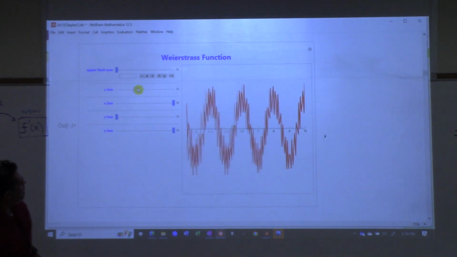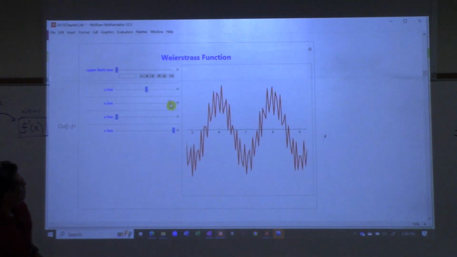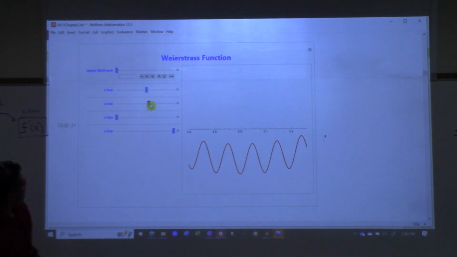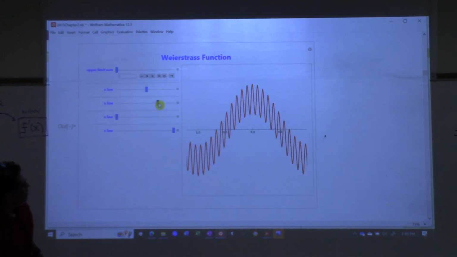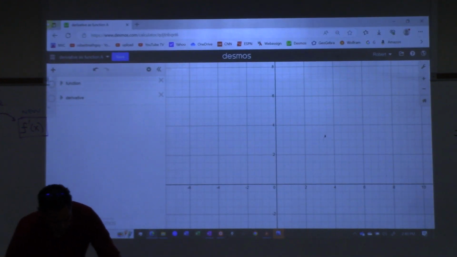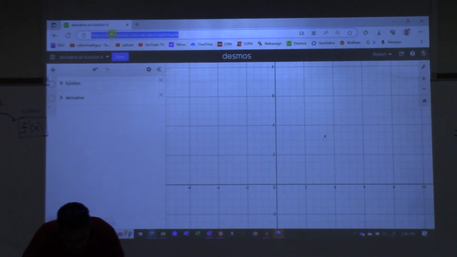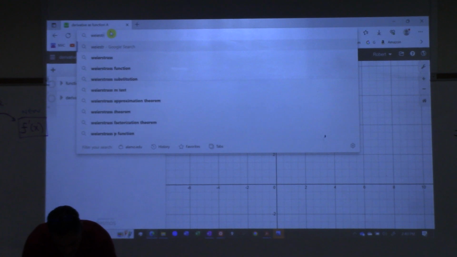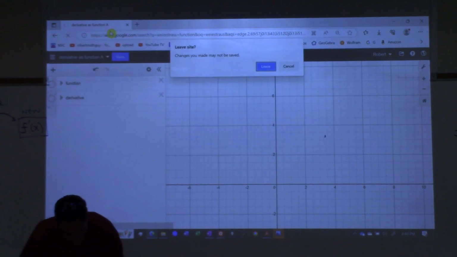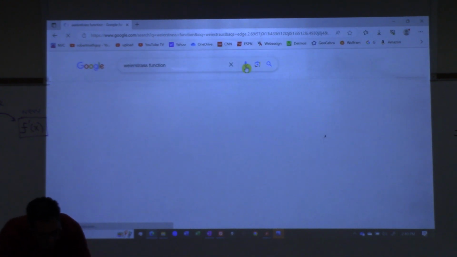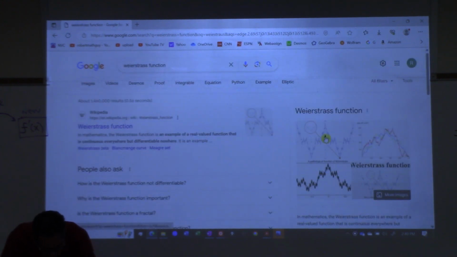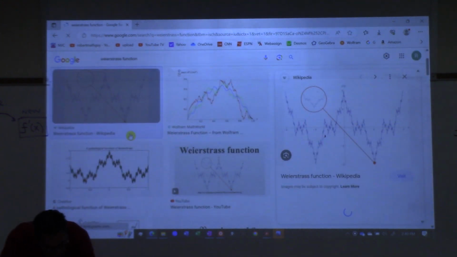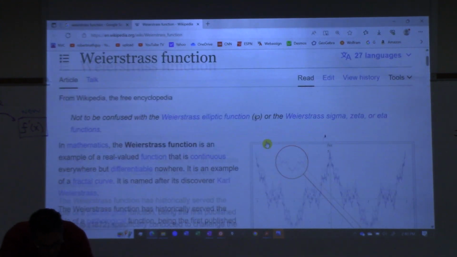If I try and zoom in on this, see, the computer's having a really hard time. Let's do this instead. Let's look up the Weierstrass function. It's probably a better graph right there. There it is.